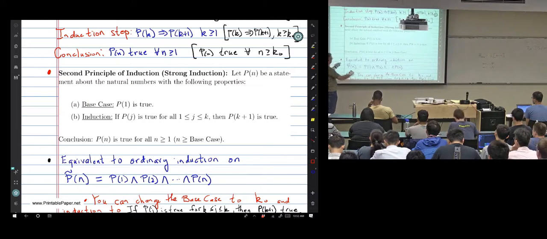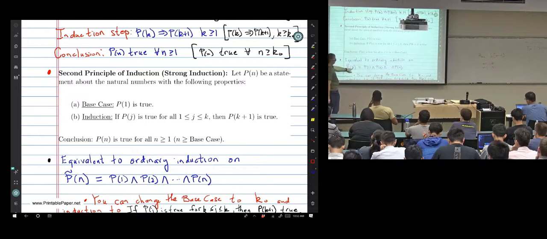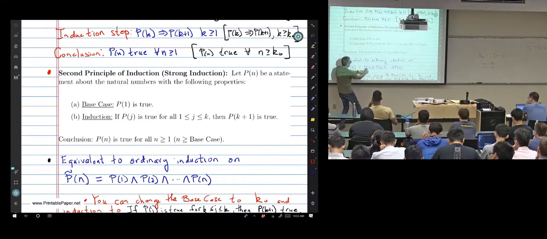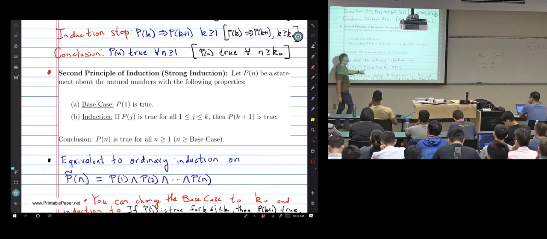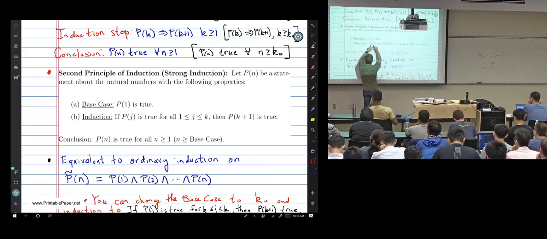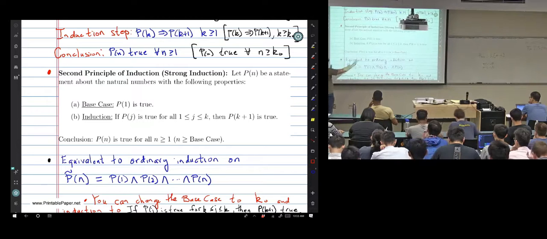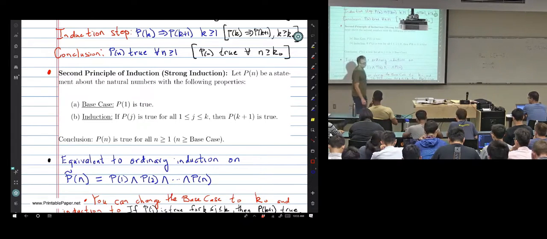The point is, this is ordinary induction if you modify your statement to be some other logical statement indexed by the natural numbers where it has the and of everything up to the nth one. This is exactly what we said here. P of j is true for all of these. That means the and is true. So P of k implies P of k plus 1 would be there.